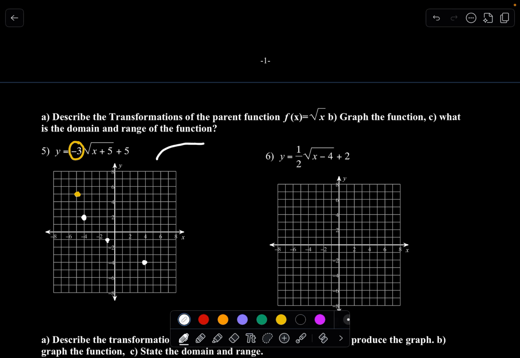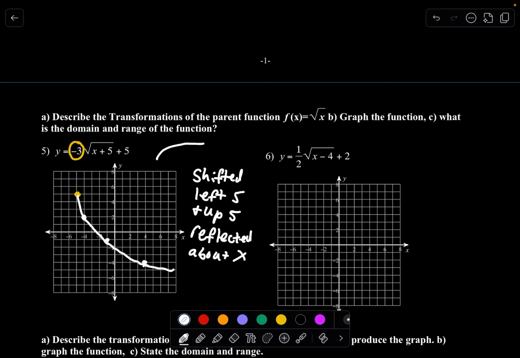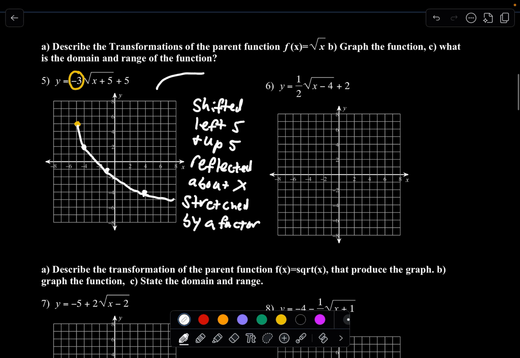And the graph would be like that. It says graph the function, describe the transformation: shifted left 5, and up 5, reflected, that's the negative sign making it go down, about the x-axis, and stretched by a factor of 3.